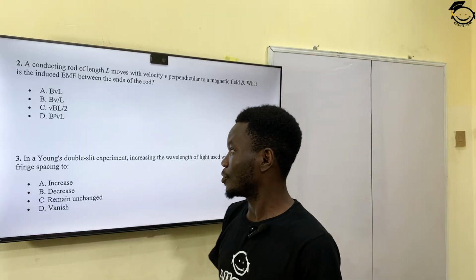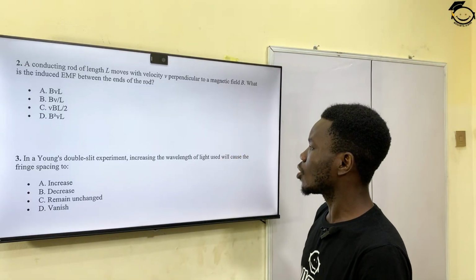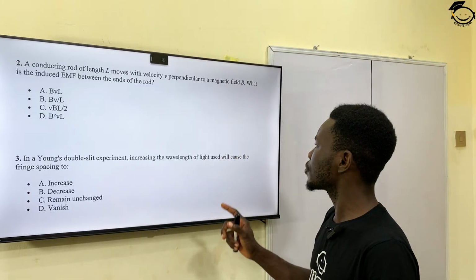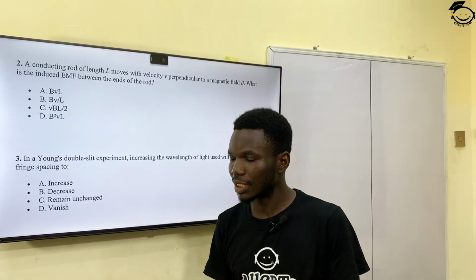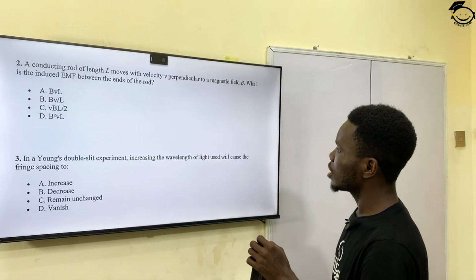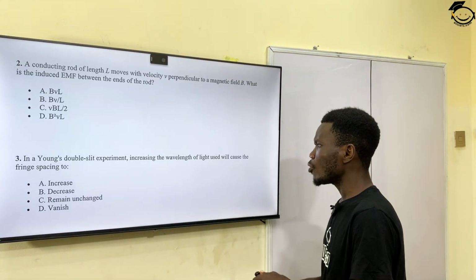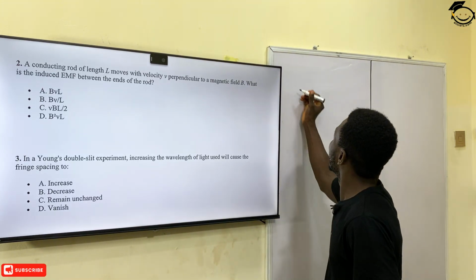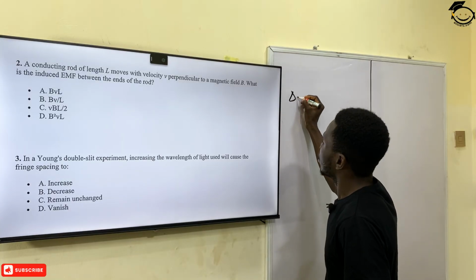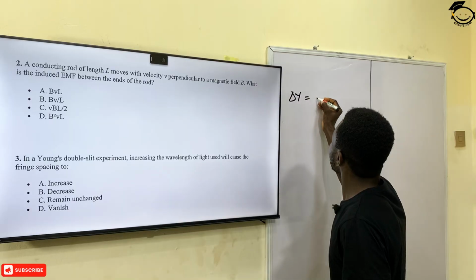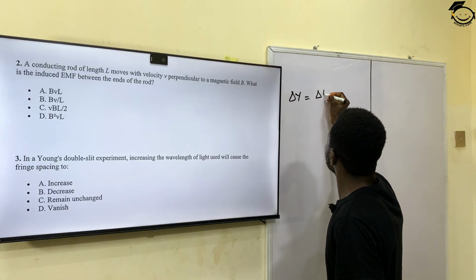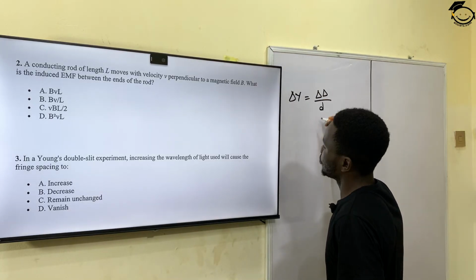Moving on to question number 3, it says, in a Young's double slit experiment, increasing the wavelength of light used will cause the fringe spacing to dash. So in a Young's slit experiment, we know that the fringe spacing is given by change in d over d.